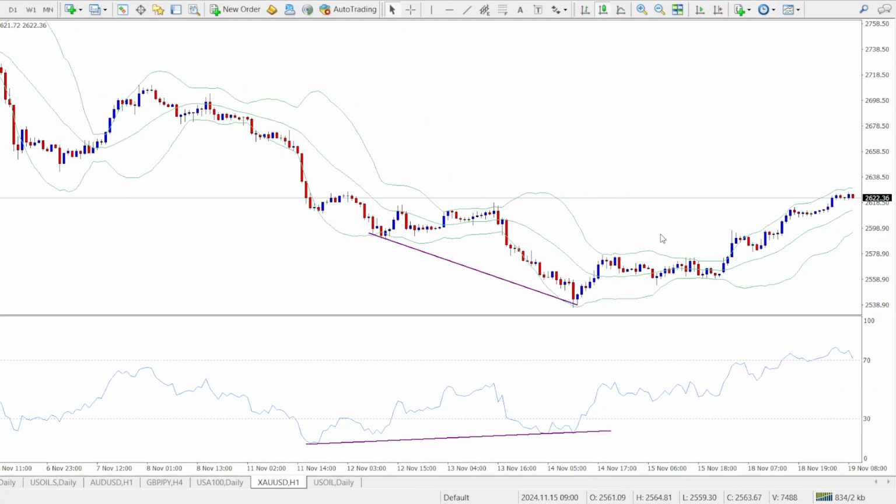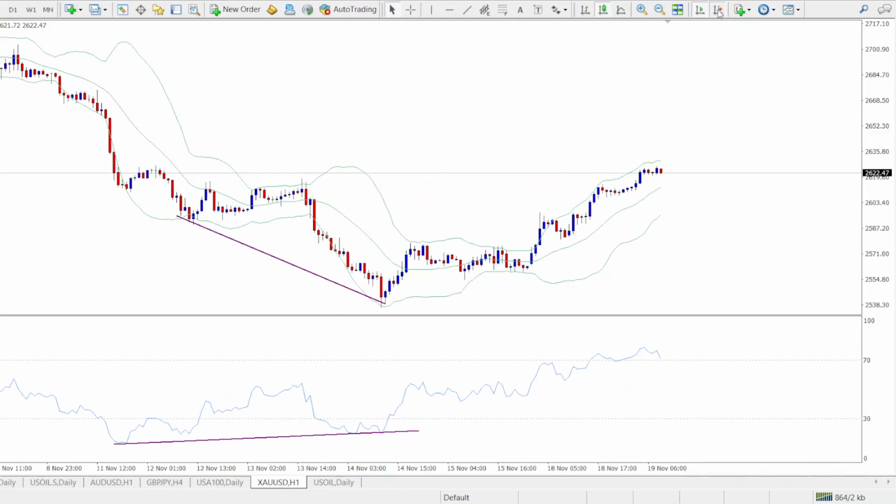This is what we call a bullish divergence. It can indicate a potential reversal to the upside, and as we can see, the price is already reversing to the upside.